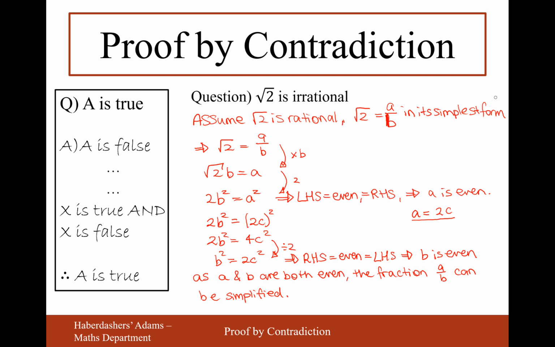So what I've got here now is a statement that says that a over b is in its simplest form, and I've got a statement here that says a over b can be simplified, which is the contradiction.